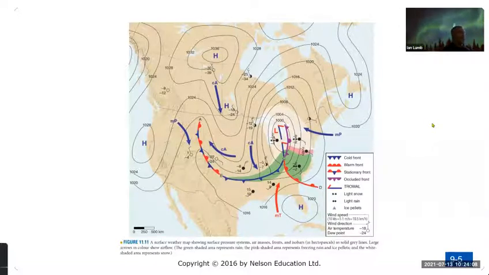Now, there's a tremendous amount of data on this particular map. It's easier to see some of the data down here. So here we have two weather stations. How the dots are filled in is actually meaningful. It tells us the amount of cloud cover.